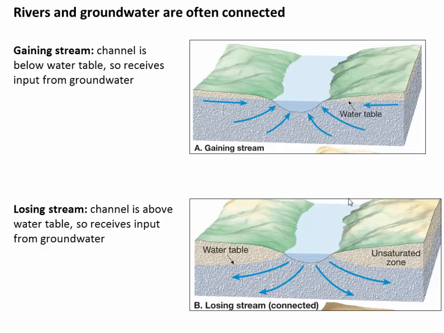So that's what a spring is. Now, rivers and groundwater can also be connected, and we usually divide them in two different types of connection. So obviously rivers are the low point in the landscape, and so if a river channel is actually below the water table, it's what we call a gaining stream. Literally, the groundwater is discharging into that river and adding water to the flow of the river.